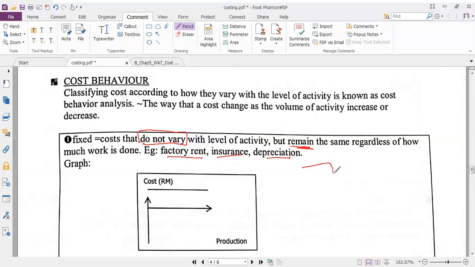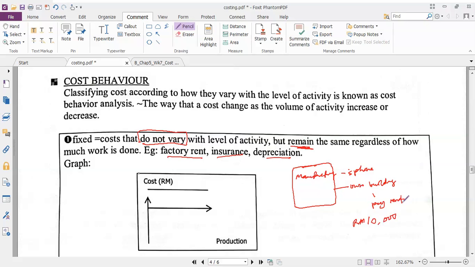Okay, you have your own manufacturing company producing iPhone. So you have your own building, and you must pay rent. Every month you must pay 10,000 ringgit of rent.